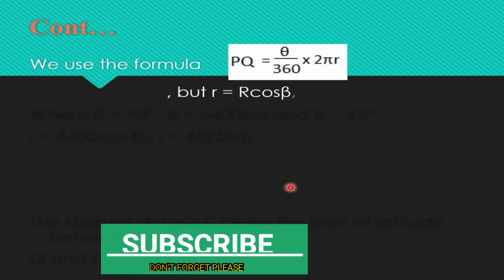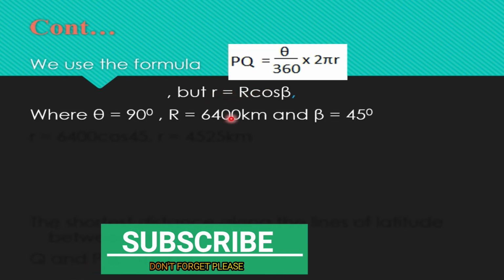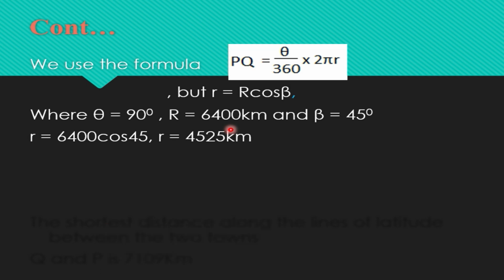Alright, let's continue. Now that I know that angle, we use the formula to find the small r. The big R is already given to us, so we'll find the small r. Beta is 45, that is the common latitude. So r is equal to 6,400 kilometers cos 45, which is 4,525 kilometers.